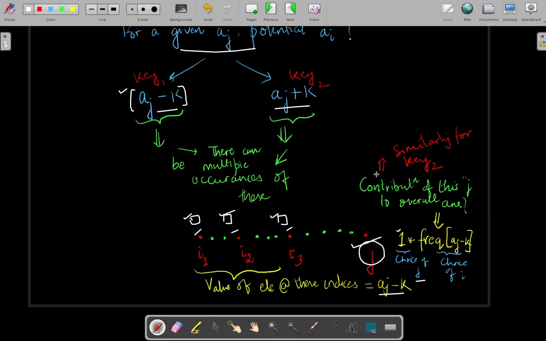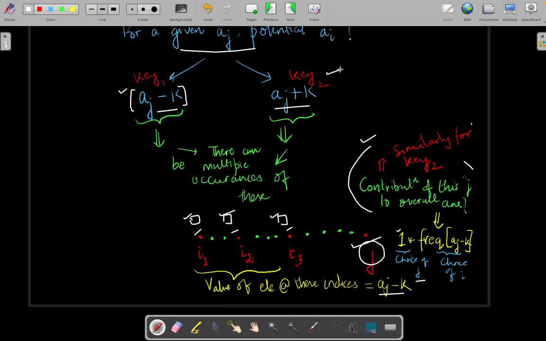And by the same line of argument, by symmetrical argument, we can just change the key and query for the frequency of aj plus k, and that will give me the answer for key 2.